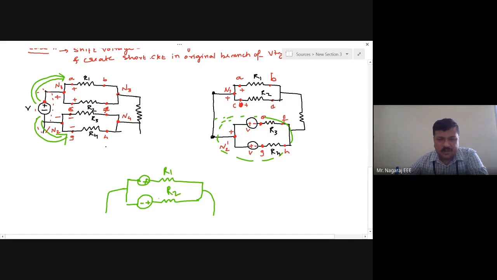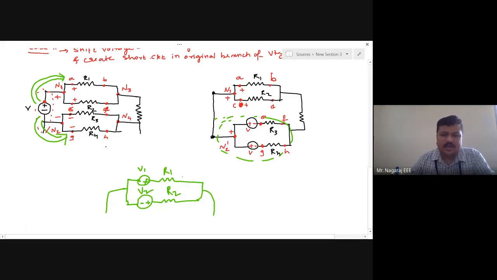Can I take the effective value of R1 and R2 directly, and the effective values of V1 and V2 directly? No, sir, we can't do it. So one way is that I will convert this to my convenient form, take the effective values of resistances and sources, and then come to an equivalent circuit.